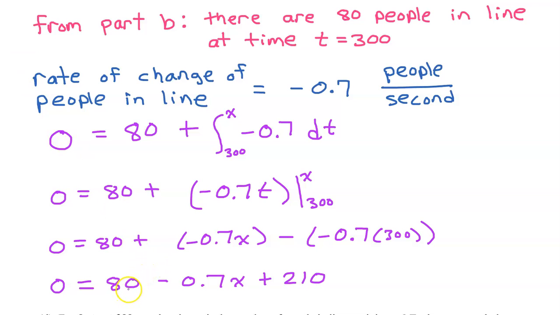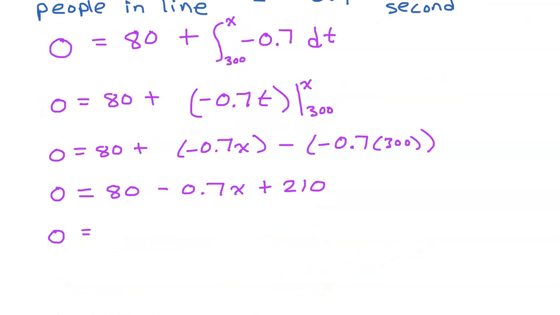So then we just have 0 equals 80 minus 0.7x. Minus a negative is addition. 0.7 times 300 is 210. Adding 80 plus 210, we get 290 minus 0.7x, all equal to 0.